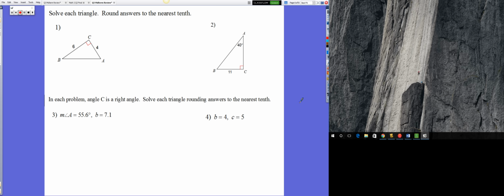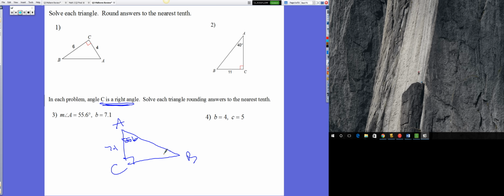Okay, number 3. Now you got to draw your own picture, and you got to make sure C is the 90. So if you draw your own picture and you make C the 90, it doesn't matter where you put A and B. But they're telling you A is 55.6, and then side B is 7.1. So side B goes across from angle B. That's 7.1.